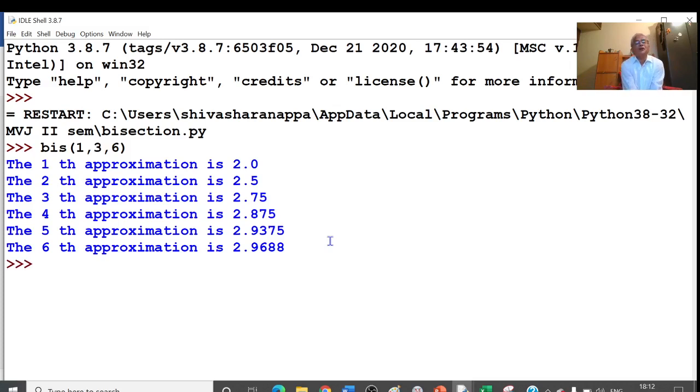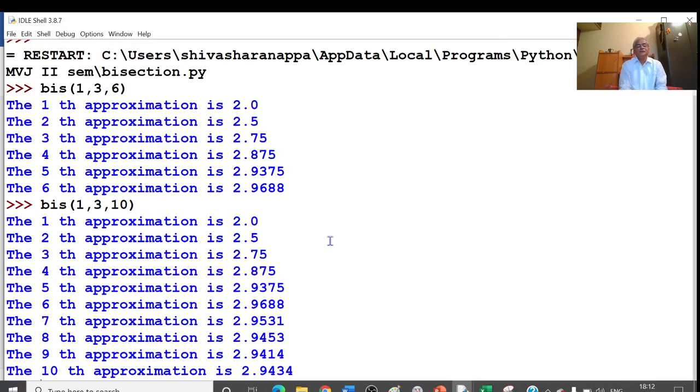I am getting the 1st approximation, 2, 3, 4, 5, 6. If you want to change the number of iterations, again you have to type here, no need to go to the program again: BIS 1, comma 3, comma 10, bracket close, and press enter. Yeah, I am getting up to the 10th approximation.